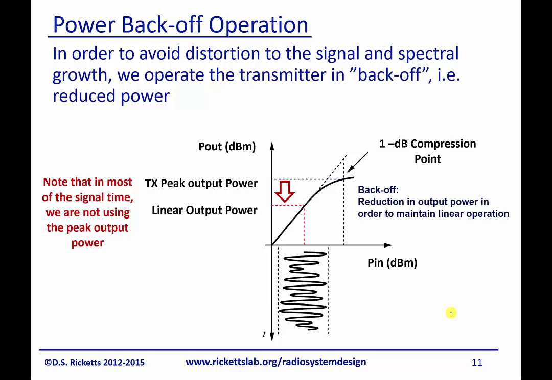And just a comment here, as you can see on the slide, if we do this, then most of the time we're not using the peak output power of the transmitter. That is only a concern when you're trying to go very far distances, but if you operate at peak power, you have a lot of distortion.